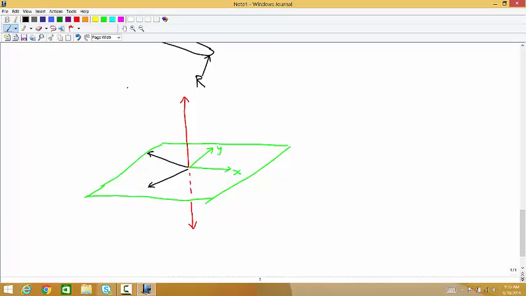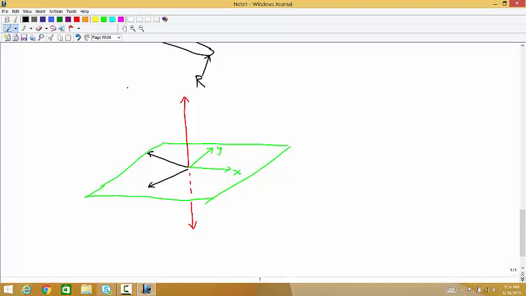But if you have a rigid body problem, remember the moment equation: the moment equals I alpha. If you're doing problems in 2D, the moments and the angular acceleration only have z components.